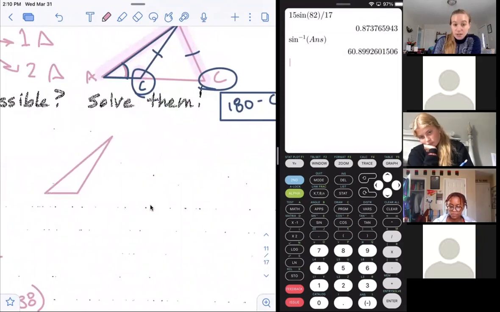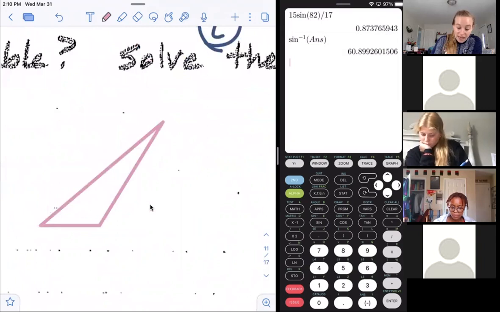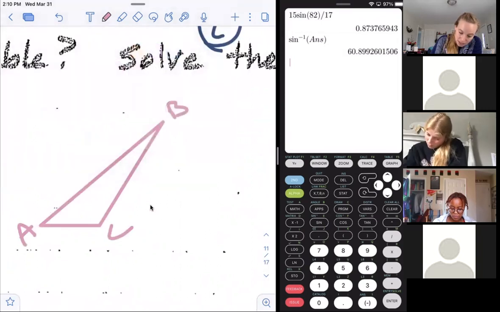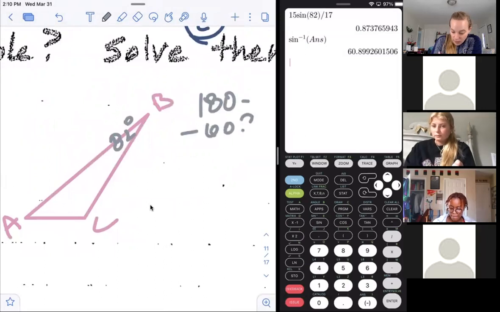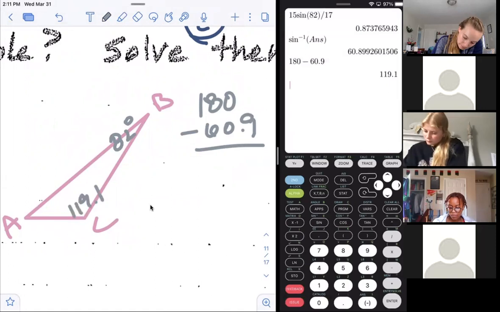Some acute triangle, where I'd have to have 82. If this is A and this is B and this is C, angle B has to be 82. And then angle C is the supplement, 180 minus 60.9, the supplement of the angle I just found, which would be 119.1.